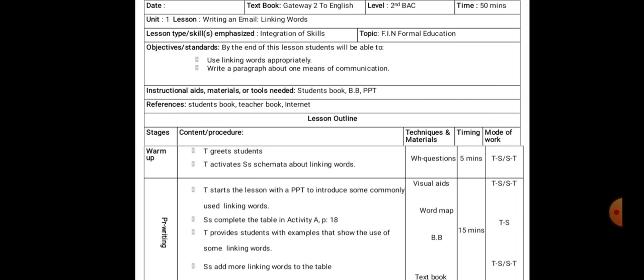We have 15 minutes that you may spend in this stage. We have mode of work, teacher-student, student-teacher, etc.